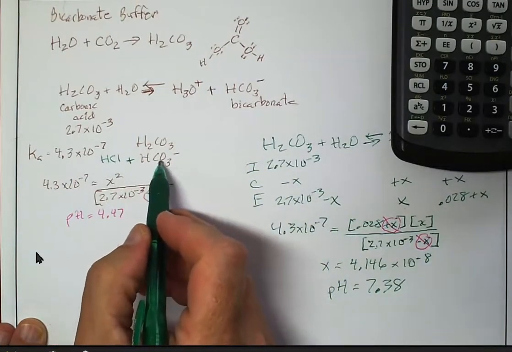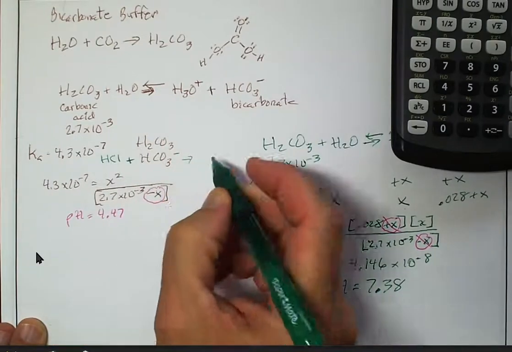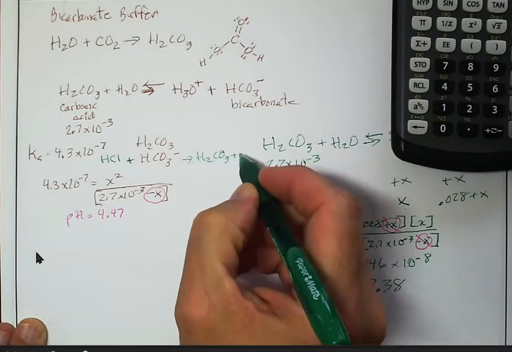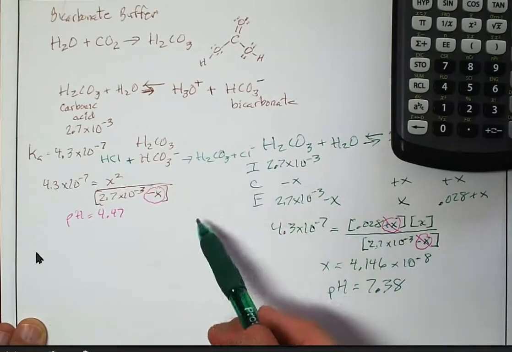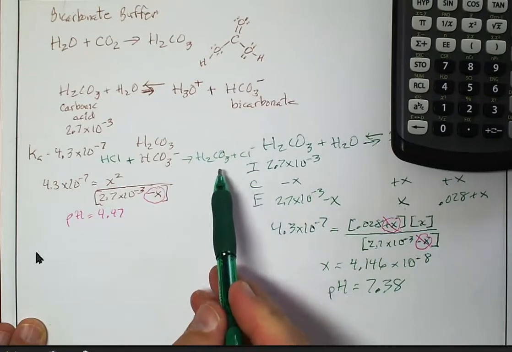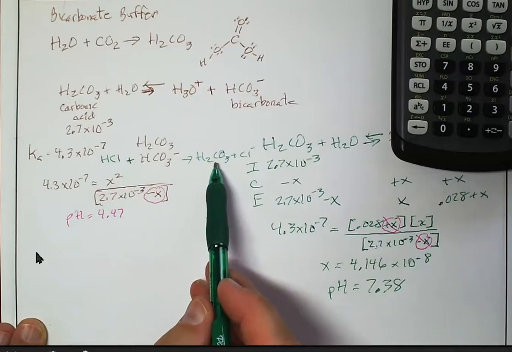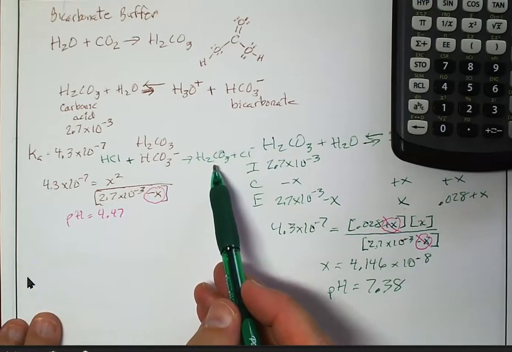But because there's bicarbonate in your bloodstream, it will give its proton to that, which forms carbonic acid and chloride. And the chloride will probably associate itself with a sodium ion or a potassium ion. But anyway, what have we done? We've taken this strong acid that would make a major drop in pH, and we have converted it into a weak acid that will only create a small drop in pH.